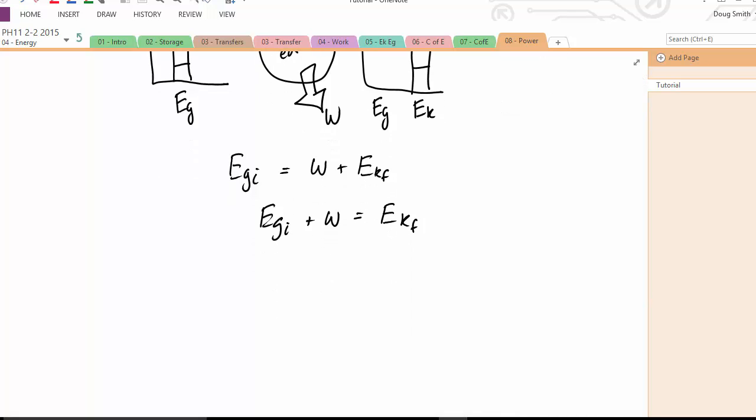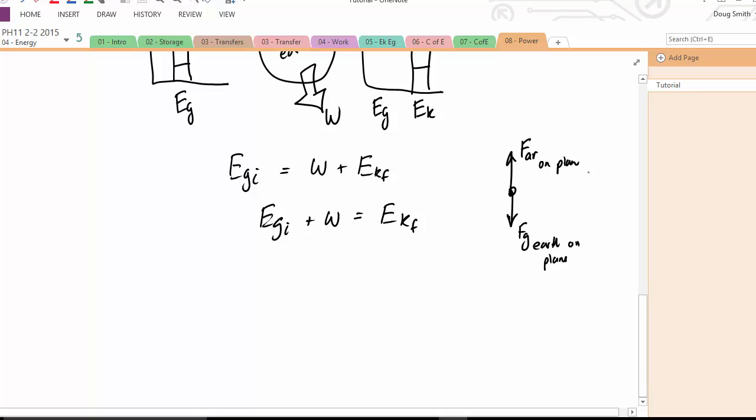And in fact, that is what's happening. If you did a force diagram of the plane, there's the Earth on plane, and there's air resistance, air on plane. That's up, but the movement is down.